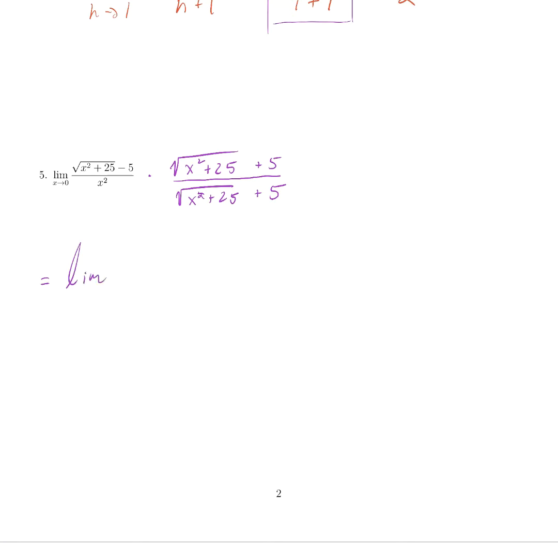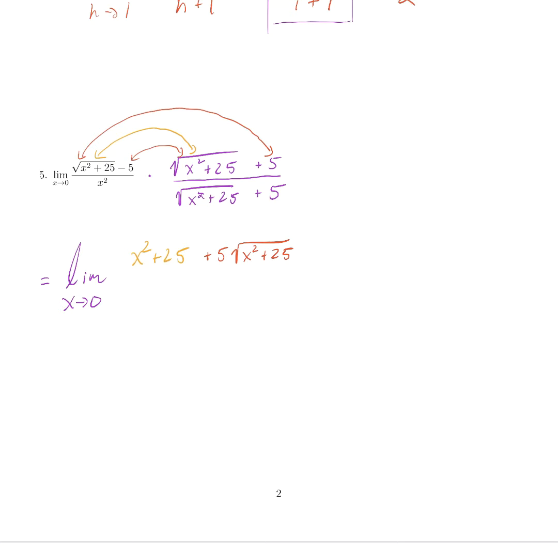So what happens? We get the limit as x approaches 0 when, let's do some color coding here. When I multiply these two terms, the square root goes away, and I get an x squared plus 25. The next set of products would be this times this, which gives me 5 times the square root of x squared plus 25, and then this times this.